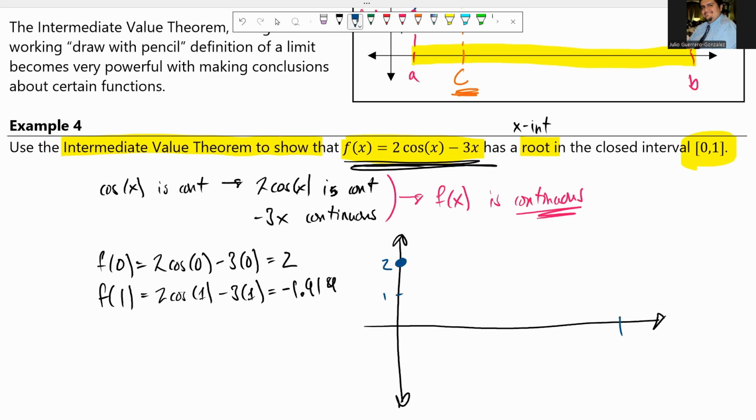At 1, it is negative 1 point almost 2. So I'm going to put 1 down here somewhere. So this is going to be 1 comma negative 1.919. Let me move that up a little bit.